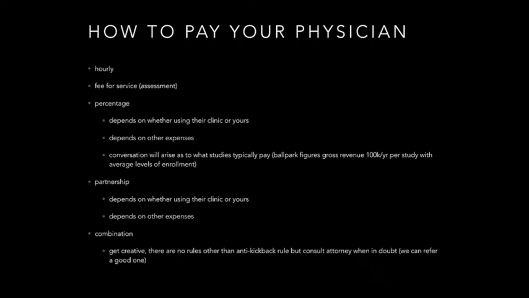Okay, so hourly. Hourly is the PI will be either an independent contractor of yours or on your payroll as an employee. Okay, and you pay them for the hours that they spend doing research. Typically anywhere from $200 to $350 an hour for a typical physician anywhere in the country, right?